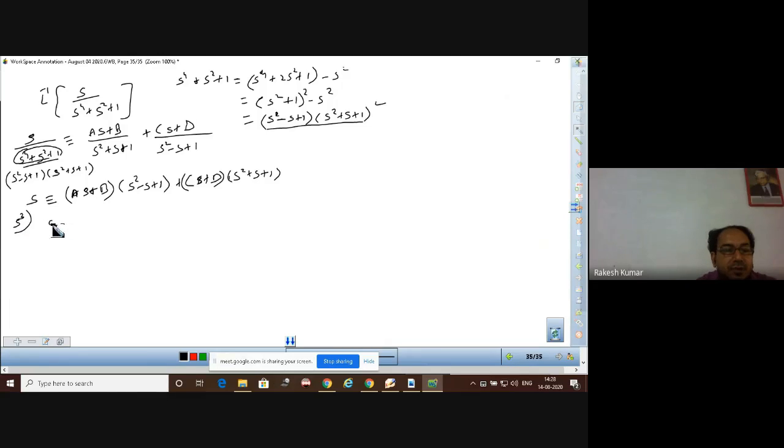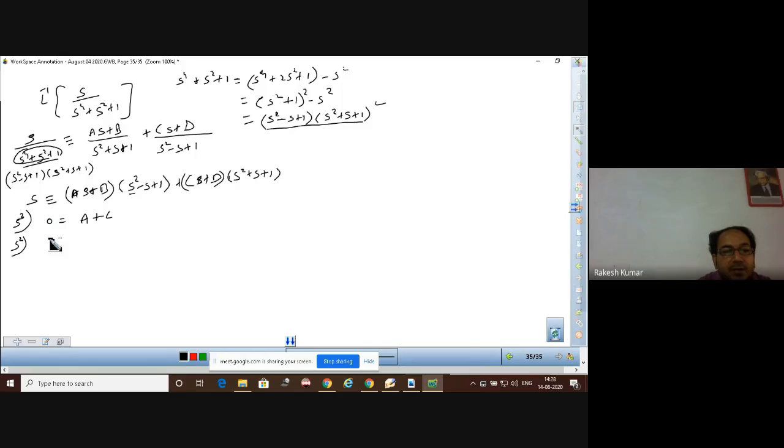So you just equate the coefficient. On the left hand side, there is no cubic term, so there will be 0. And on the right hand side, as will be multiplied with s square, it comes out to be as cube. So the coefficient is a. And similarly, when you multiply cs with s square, the coefficient comes out to be c. So this is the first coefficient.